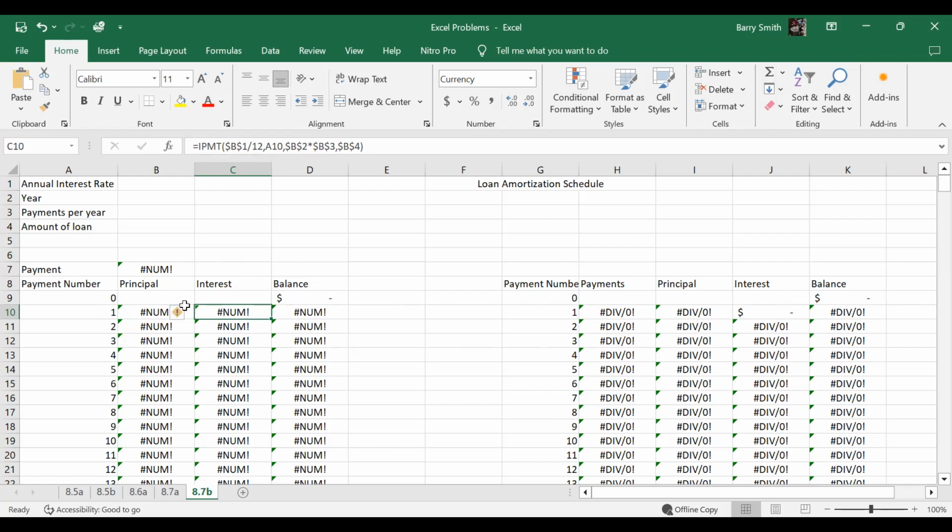So we have 2 functions we can use, and it's really nice. We just have to plug in the values that we need, and we get our answers. And then our balance is basically our previous balance plus our principal, because our principal is going to look like a negative number when we get done. And so when we do that, it's actually going to be a subtraction.